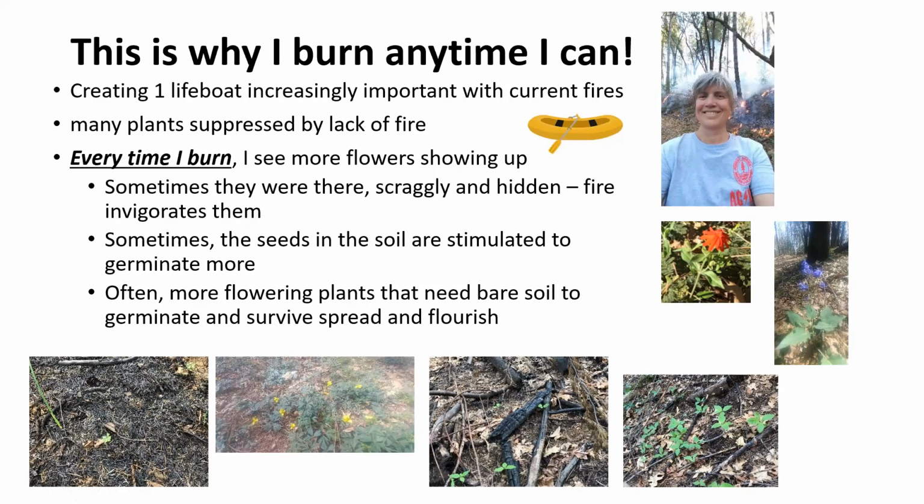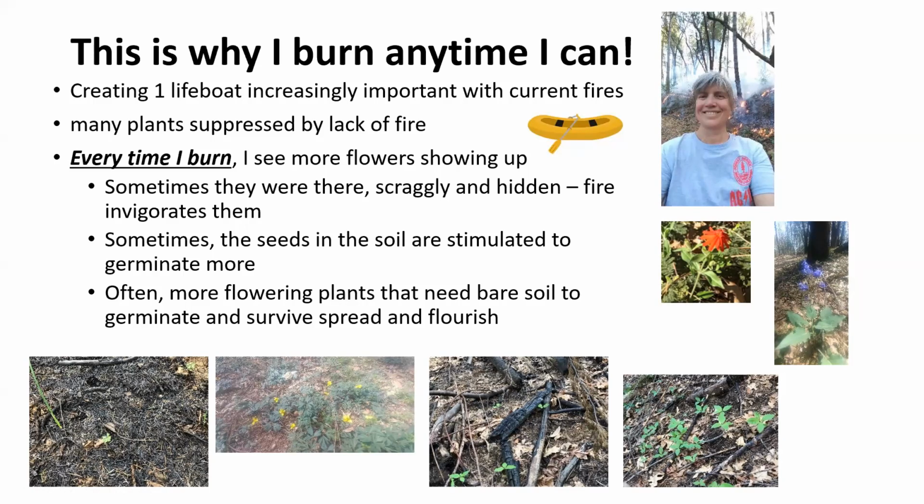Sometimes it's just opening up that growing space or some mineral soil, and releasing those nutrients with the ash that comes, whether it's full consumption or not. Indian pinks I have, where I burned bear clover a number of times, just keep showing up more and more.